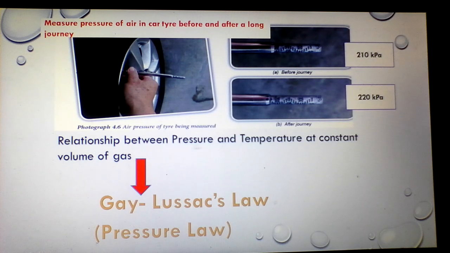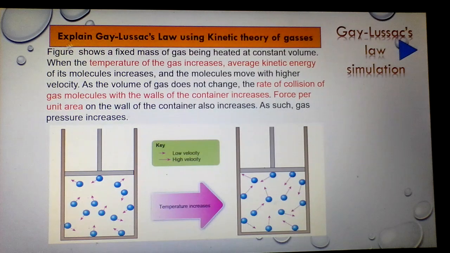The relationship between pressure and temperature at constant volume of gas is known as Gay-Lussac's Law, or last time we discussed it as the pressure law. So let's explain Gay-Lussac's Law using the kinetic theory of gases. Okay, look at the figure here. We have a container with a fixed mass of gas heated at a constant volume.